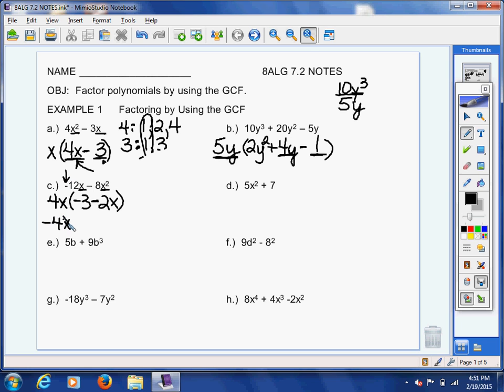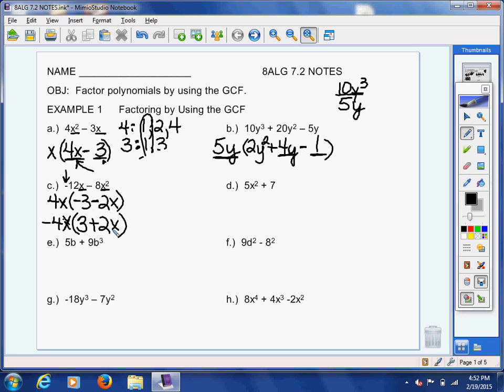All that does is change the signs inside the parentheses. Negative 4 times what is negative 12? Positive 3. x times 1 is x, so I don't have to worry about x's there. Negative 4 times what is negative 8? Positive 2. x times x is x squared.